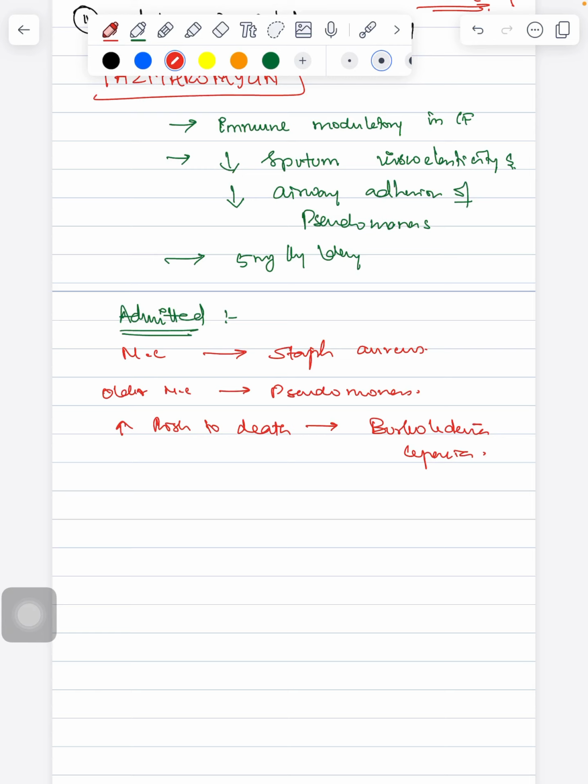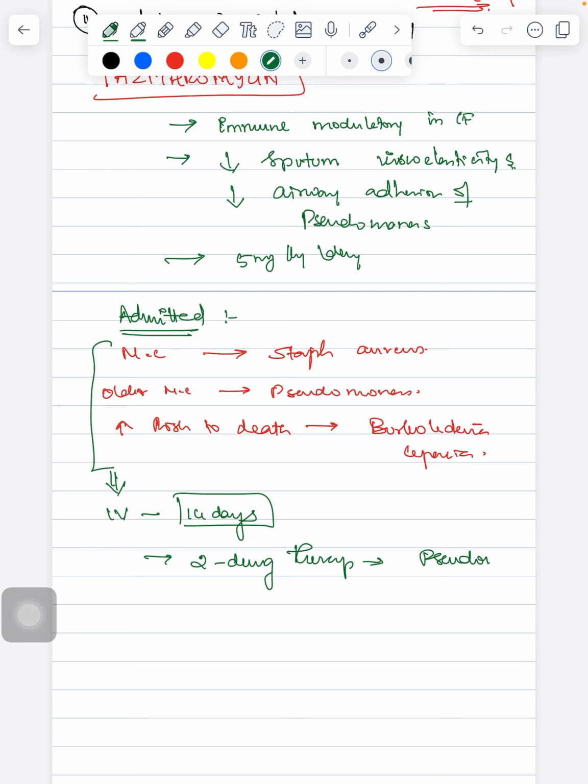So mainly for these children who have been admitted in your ward with the findings in the chest X-ray or low lung function, you have to give an IV antibiotic therapy for a duration of around 14 days. You have to give mainly a 2-drug therapy if you suspect Pseudomonas. If you suspect both Pseudomonas and Staph aureus, then you have to add on 3-drug therapy.